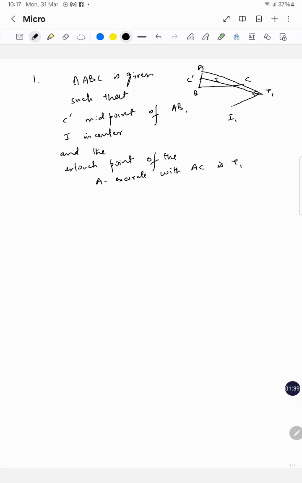So we'll be using barycentric coordinates for this problem. It's given that angle ABC is 60 degrees and AC equals 3, to find AB and BC.